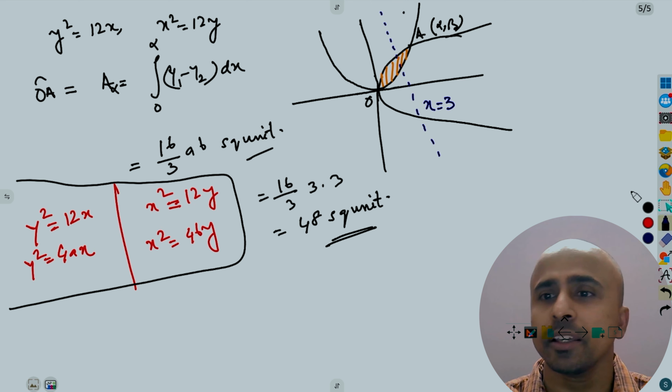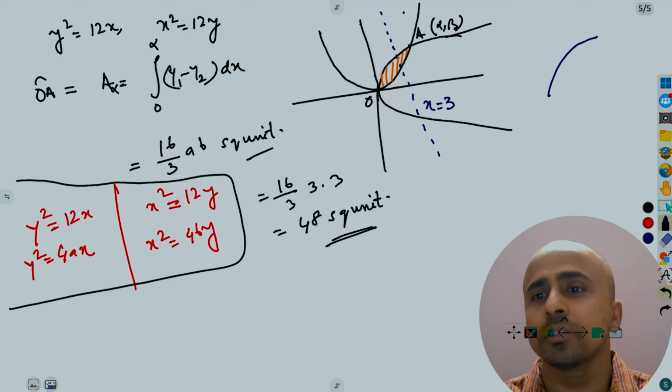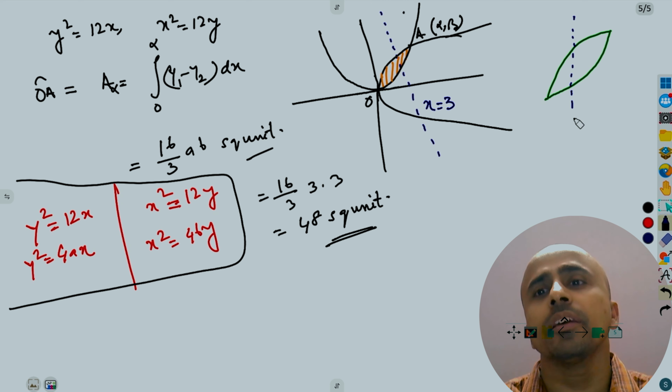Let me erase this orange part now, or let's do one thing, I am drawing another curve. Let's draw a separate region here, and use different colors so that you can understand. Let's use green color. So this is basically OA, right? And this is the line, let's say x equal 3.